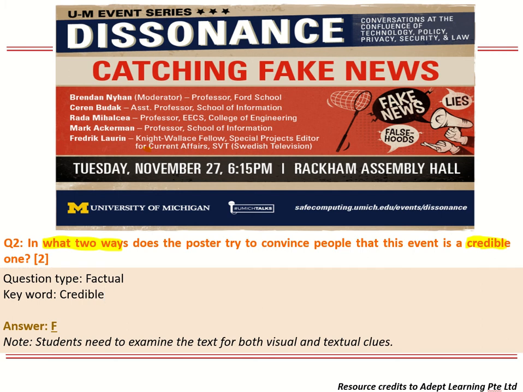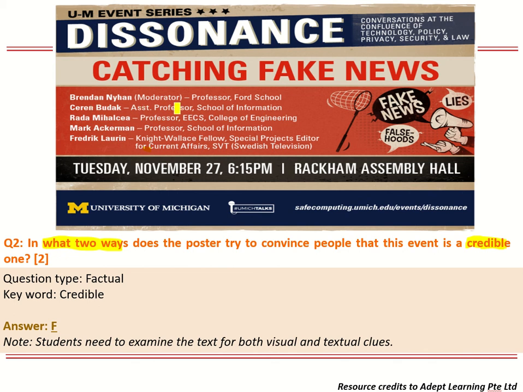So again, go back to the text and then identify how does this poster try to convince the reader that this event is a credible one. So looking very closely, event series, dissonance. Do these big words mean anything that tells me that it's credible? No. How does it tell me that it's credible? Let's continue looking.